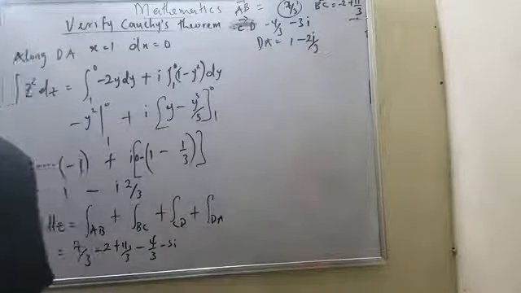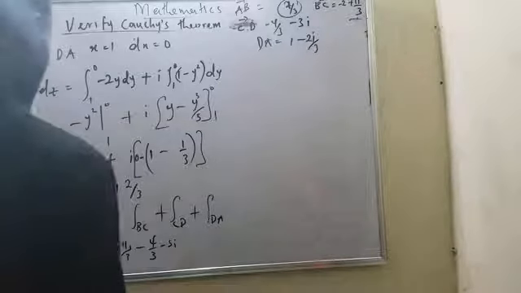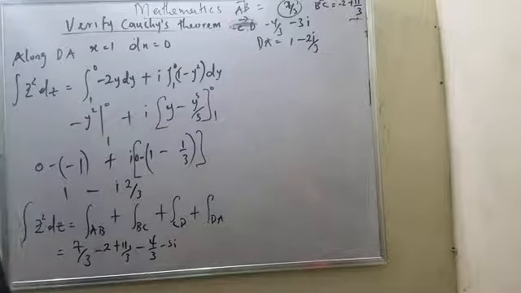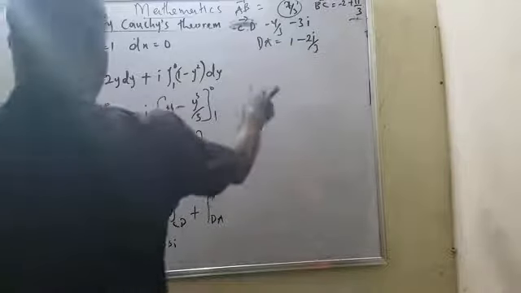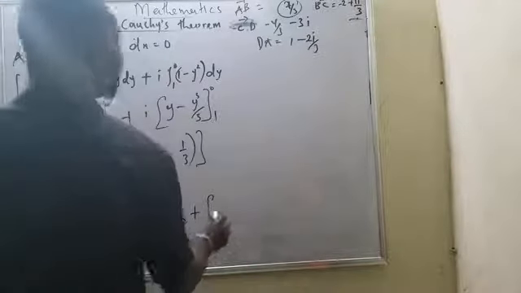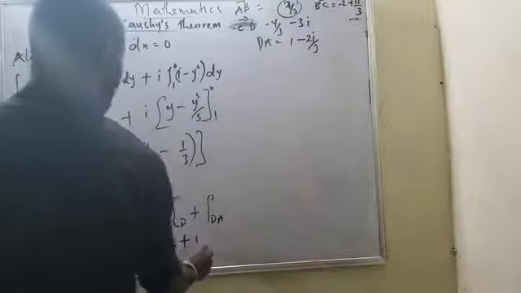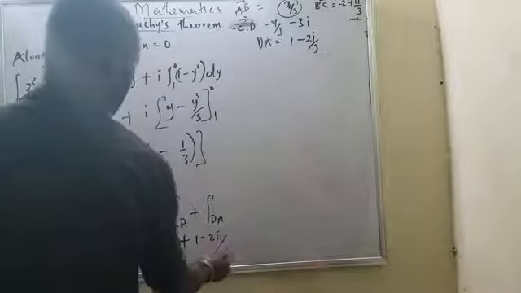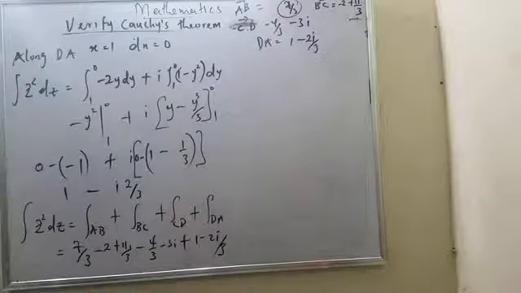Now the next one will be, what next? 3i. The last part is plus i minus 2i all by 3. Now with this, I think all I need can now be given.